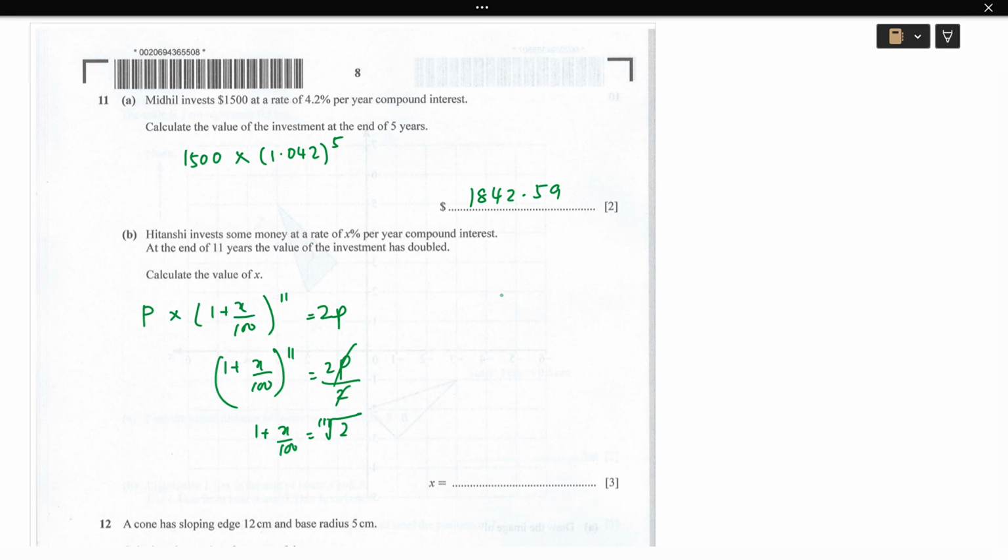Bringing the 1 across, X over 100 equals the 11th root of 2 minus 1. So X equals (the 11th root of 2 minus 1) times 100. X we get 6.5, so the final answer is 6.5%.